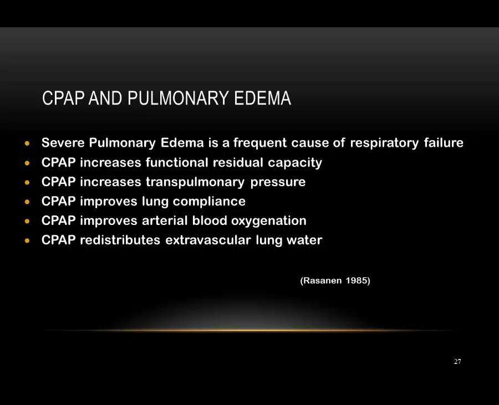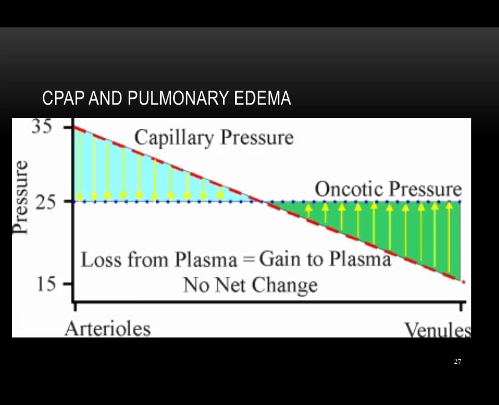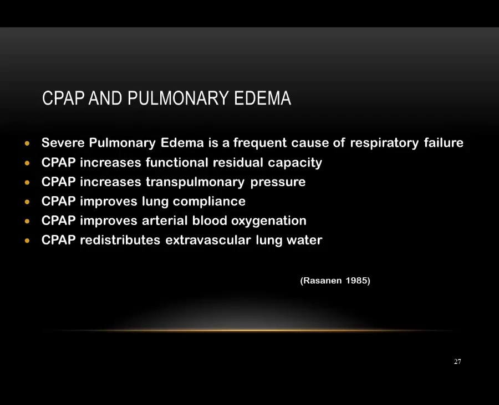Cardiogenic pulmonary edema is defined as pulmonary edema due to increased capillary hydrostatic pressures secondary to elevated pulmonary venous pressure. Pulmonary edema can be caused by the following major pathophysiologic mechanisms. Number 1, imbalance of Starling forces, which could be increased pulmonary capillary pressure, decreased plasma oncotic pressure, or increased negative interstitial pressures.